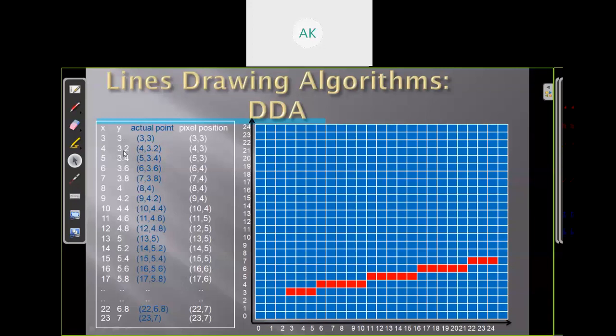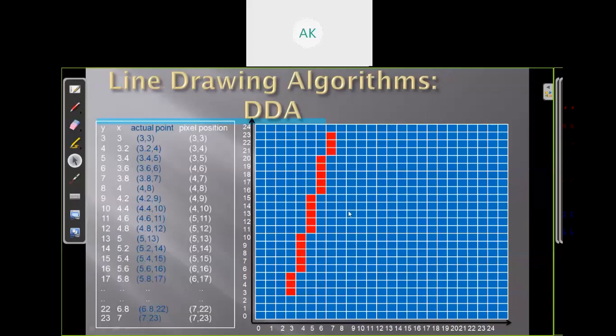After this, apply rounding: 3.2 rounded is 3, and the next point is 5 for x, and the next value for y is 3.4, after rounding, which is 3. All corresponding values you can find and plot on your screen. As you can see, this kind of line will be plotted.